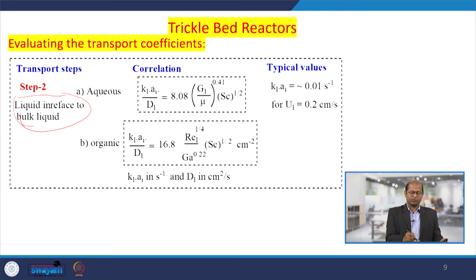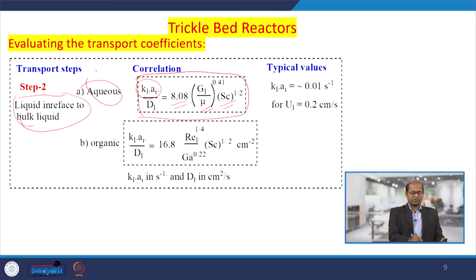So, for that the correlation is KLAI by DL equals GL by mu to the power 0.441 Schmidt number to the power half. So, these correlations we have to use to find out KLAI. Okay. Except KLAI, other parameters we have to know or find out, then only we can substitute here to get KLAI.